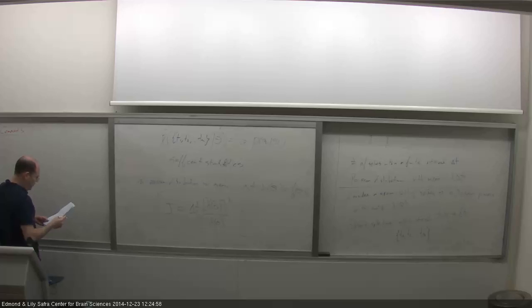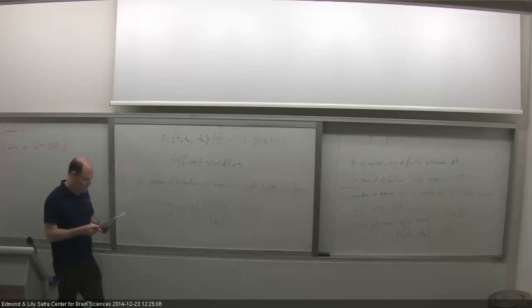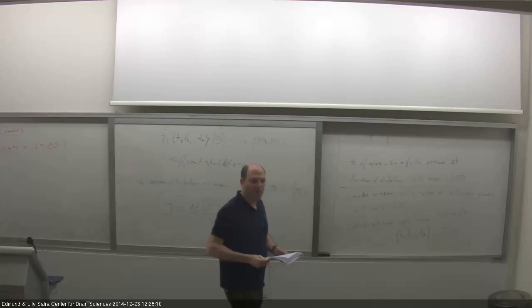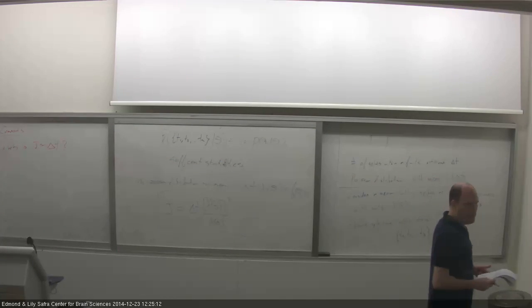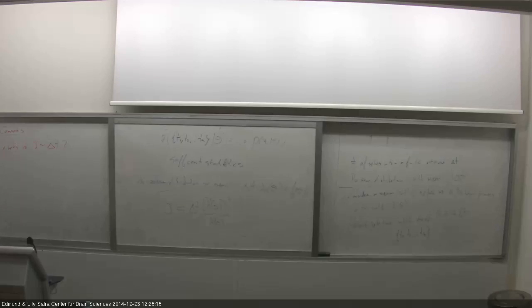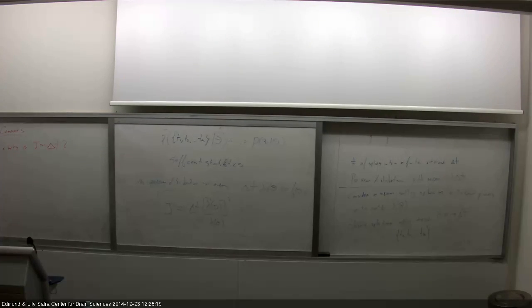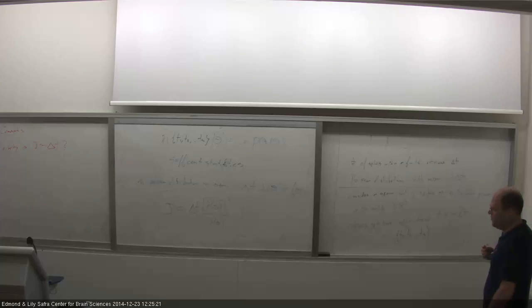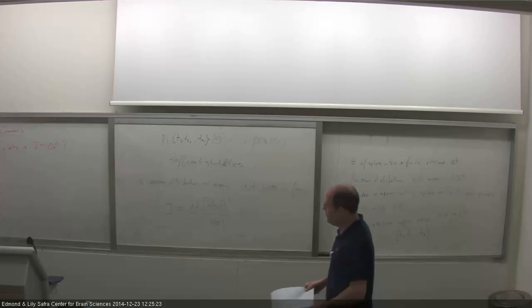Sufficient statistics we discussed. Okay, why is J proportional to delta T? I claim that in the context of the Poisson process, we can understand this intuitively based on what we know about Fisher information. Does anyone have a suggestion why it's proportional to delta T?